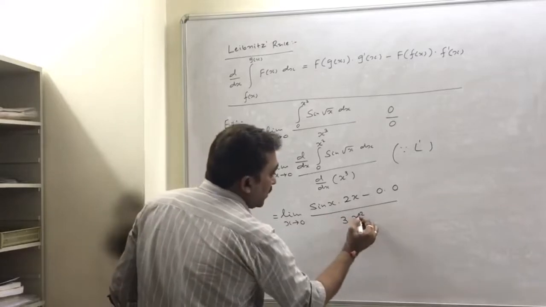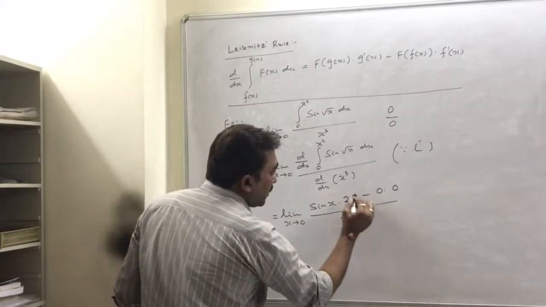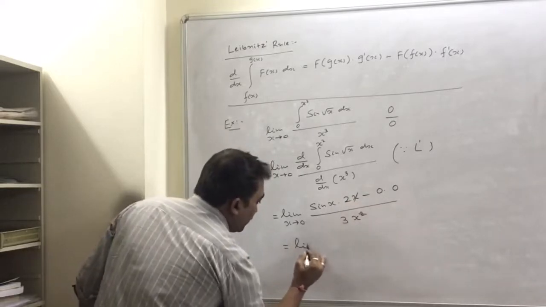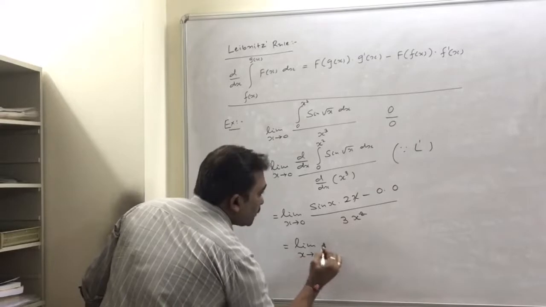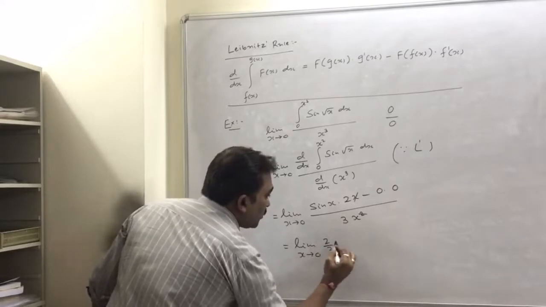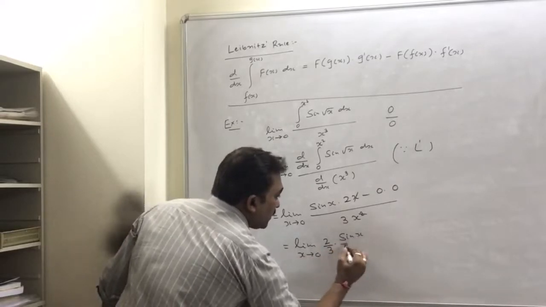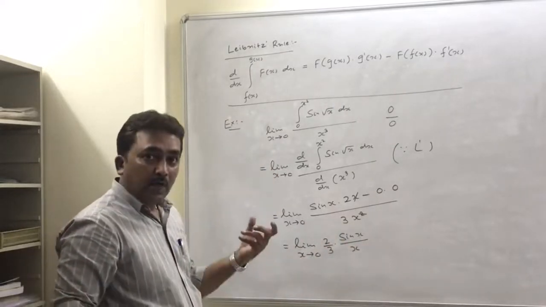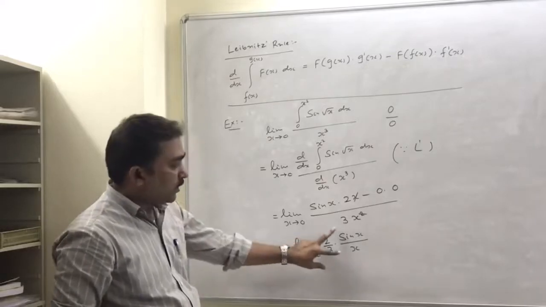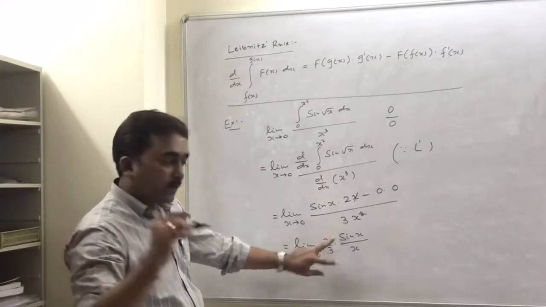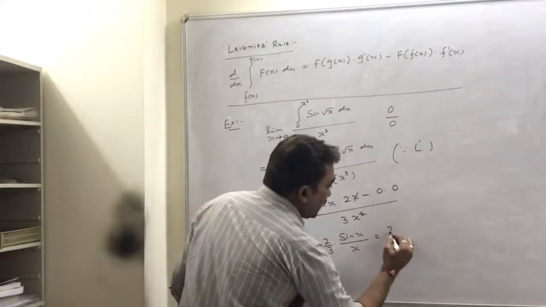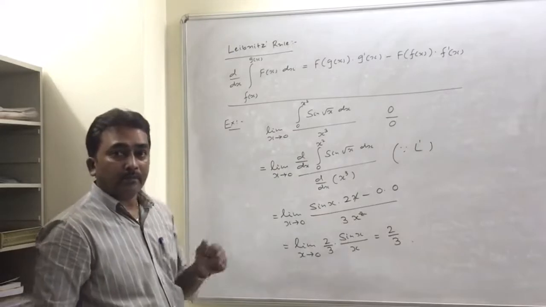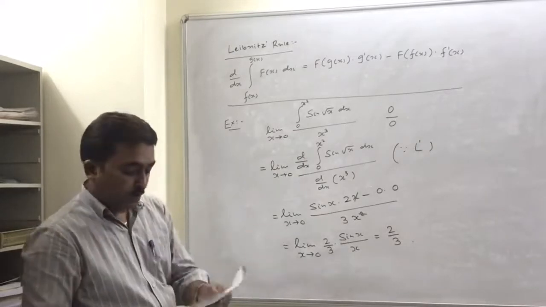Now one x cancels out and this is of the form limit x tends to 0 of 2 by 3 sin x upon x, and we know that limit x tends to 0 of sin x upon x is 1, and therefore your answer is 2 by 3. Clear this? This is the Leibniz rule.